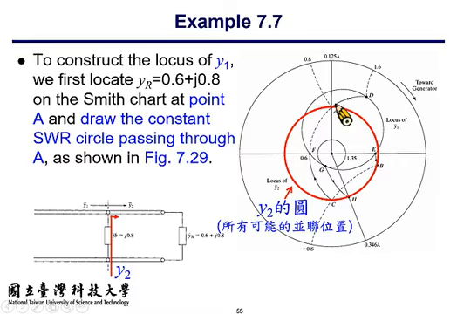Once you have 3 points of the circle, then you can draw the circle completely. So what else? Which place else? Okay.